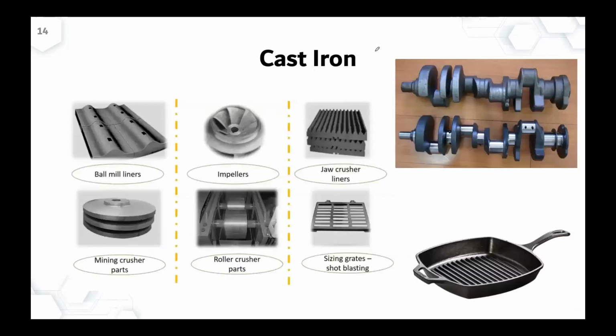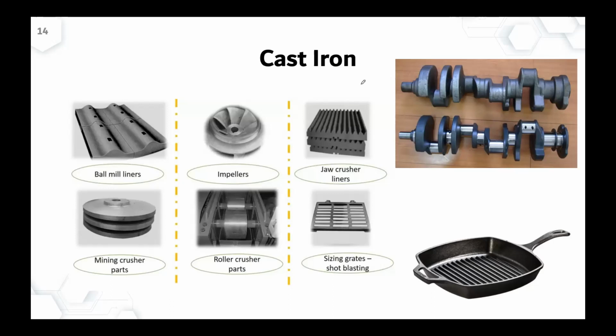Okay, so for example, the cast iron pan is really popular in the kitchen. It is good for making steak. This is for the crankshaft in machineries, and for jaw crusher liners. The jaw crusher is the one to crush rocks, the mineral rocks.